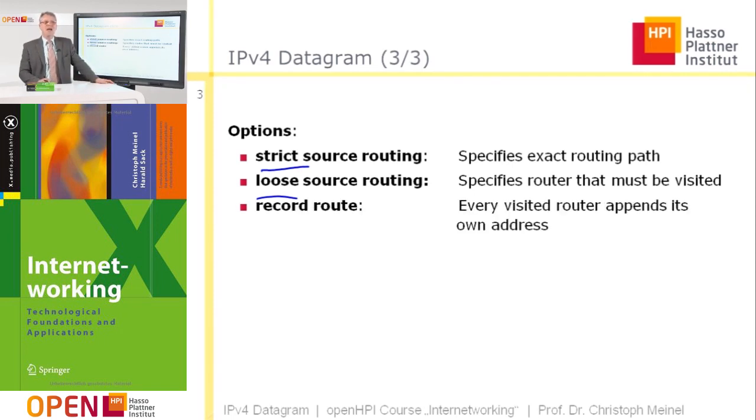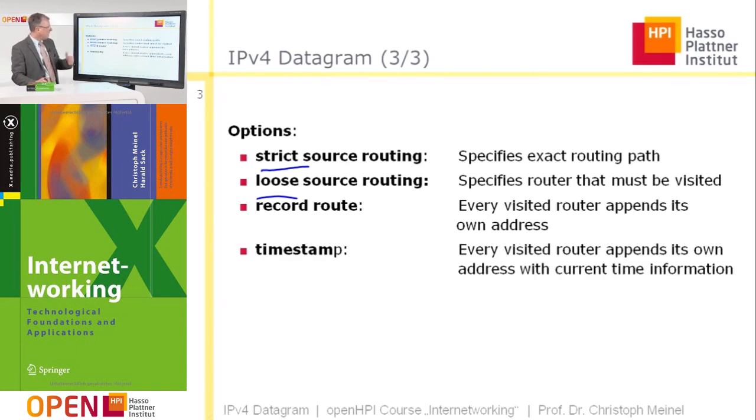Then we have the option record route, which is for testing purposes and others. Each visited router appends its own address in this option field, so that the receiver can exactly see what route the packet has taken from the sender to the receiver. Then there is an option to describe timestamps.